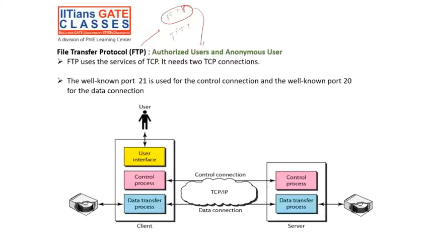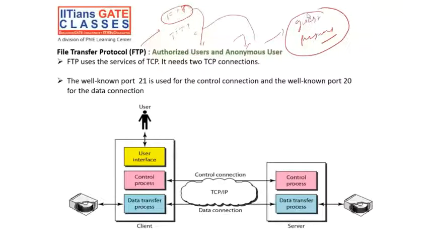And the anonymous user means this is TFTP. The main thing is you don't need a username and password. By default there is some fixed login, let's say guest and password, for anonymous users. So an unknown user is there, so there is no need of username and password where we use the TFTP protocol.